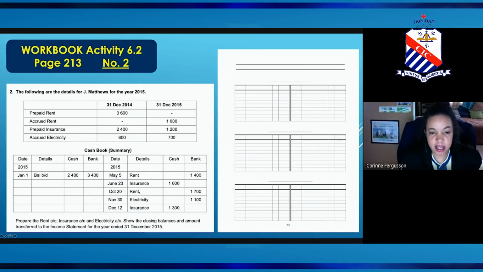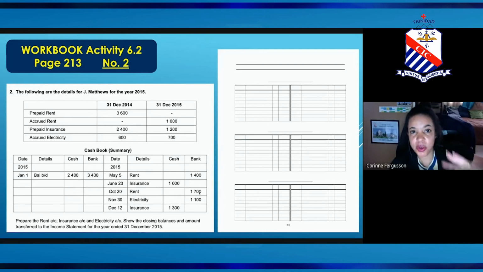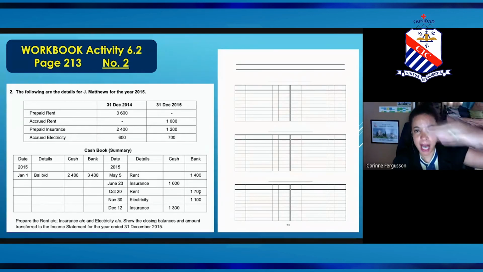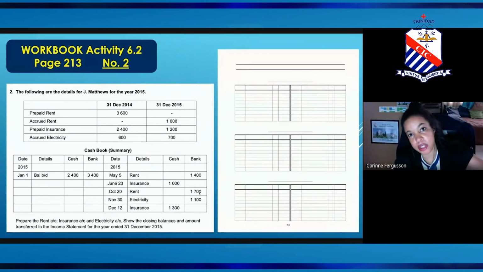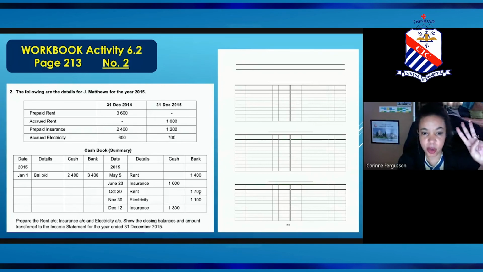And then underneath, you're also going to put October 20th, bank, 1,700. You'll understand, right? So for your rent account, you're going to have on your debit side, giving you a hint, you're going to have P, bank, and then accrued. Got it? And then on the credit side, you will have the normal 3 things. So I hope you guys understand that.